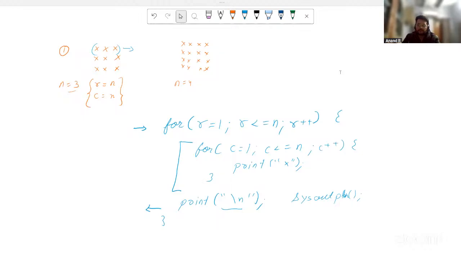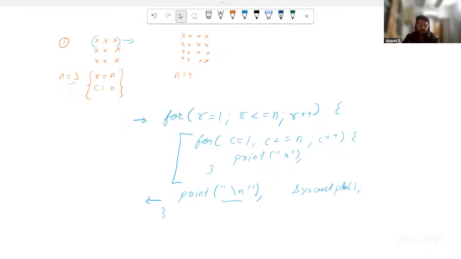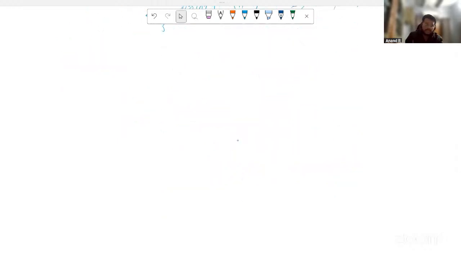Clear? Okay, let's move forward. Let's say you have to print something of this sort, if n is equal to 3 and if n is equal to 4. Can you help me with the conditions?